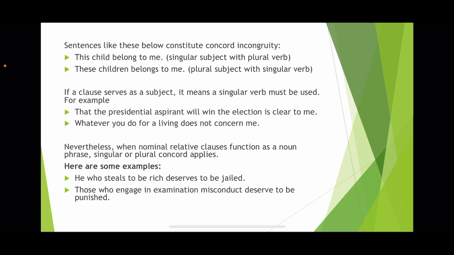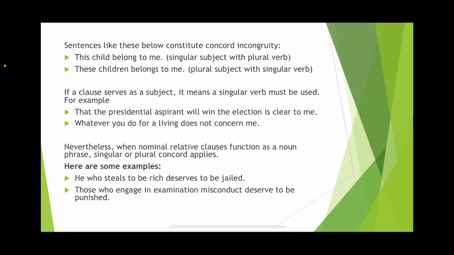If a clause serves as a subject, it means a singular verb must be used. For example, that the presidential aspirant of Labour Party will win the election is clear to me. That the presidential aspirant, that is Mr. Peter Obi, will win the election is clear to me.